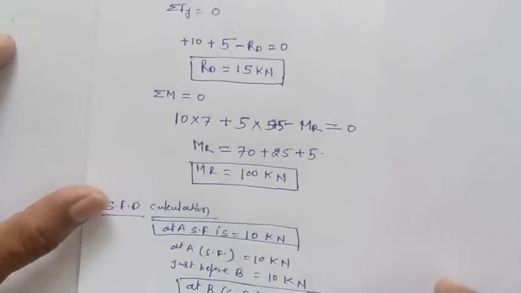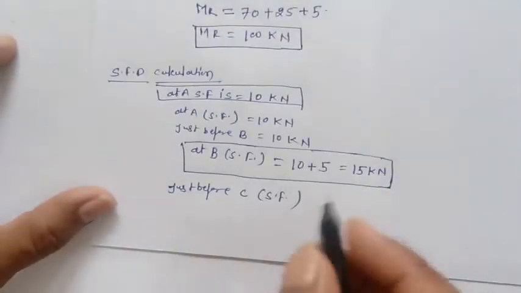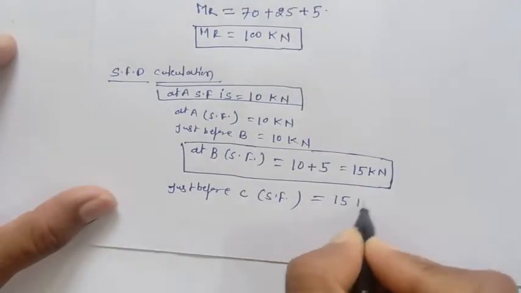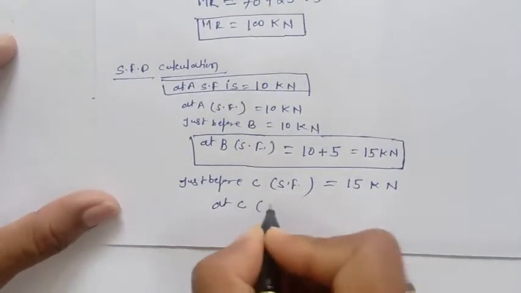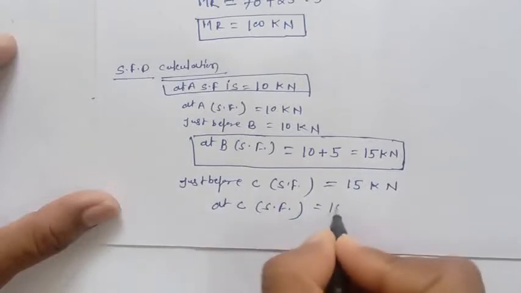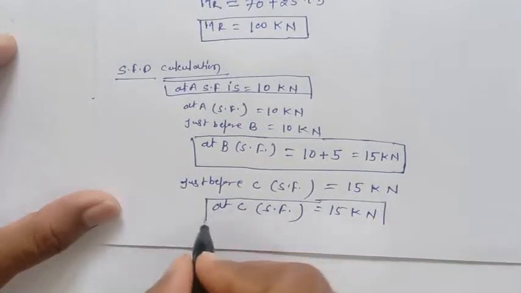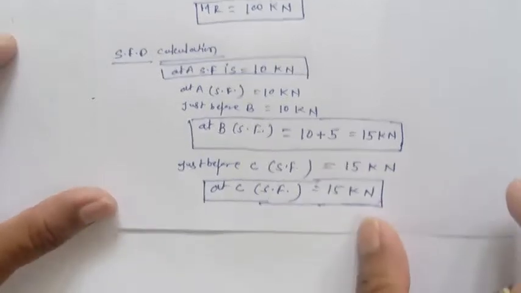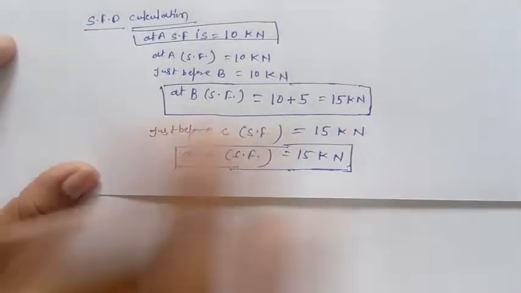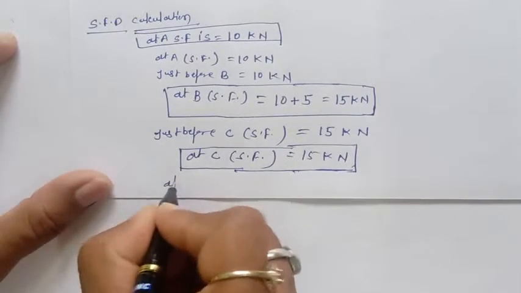So it will be constant just before C and after C also, 15 kilonewton. We are not considering the moment while calculating the shear force diagram. This is very important.